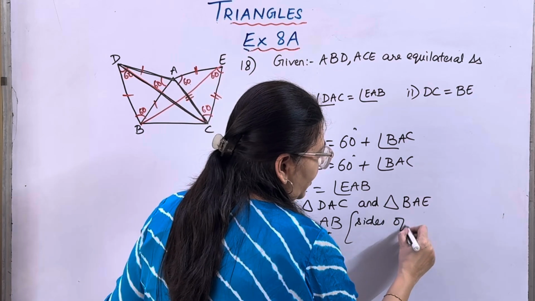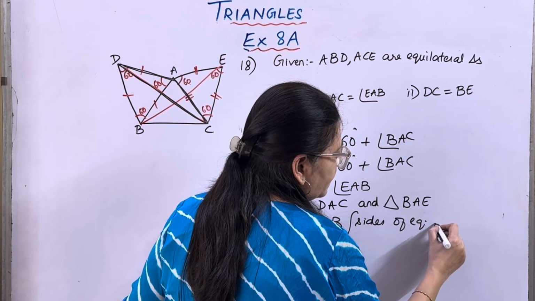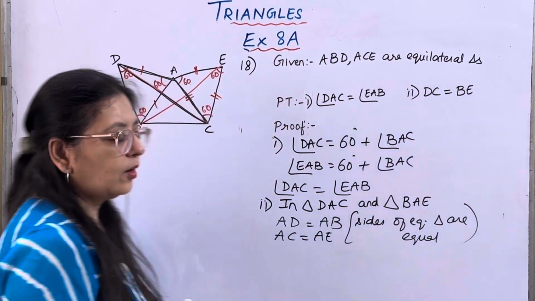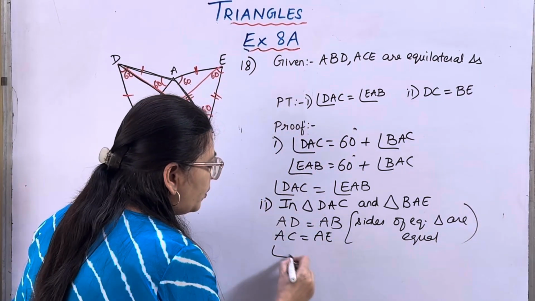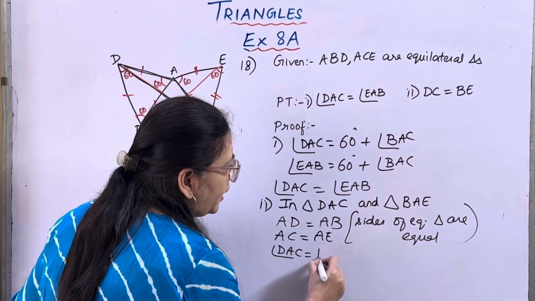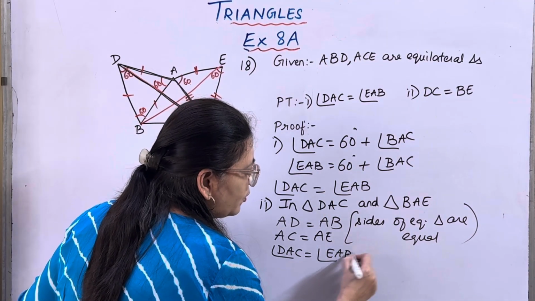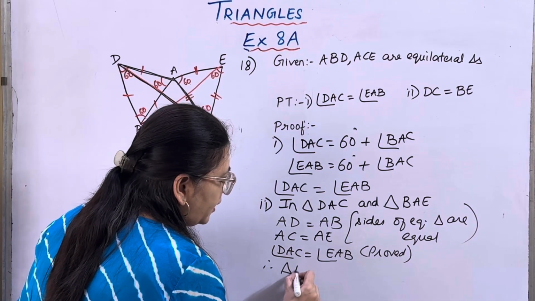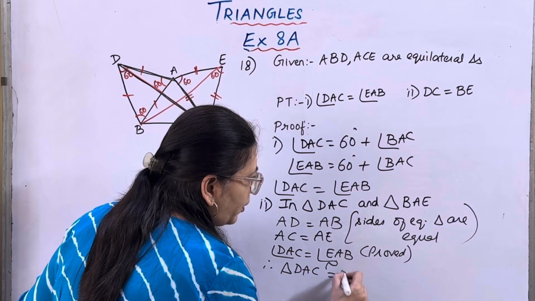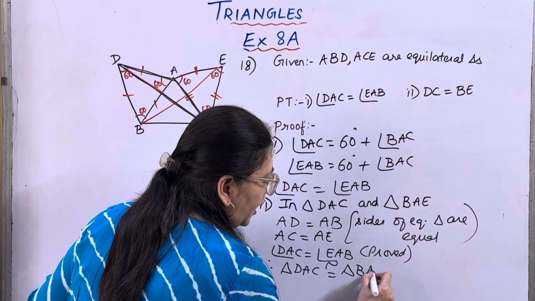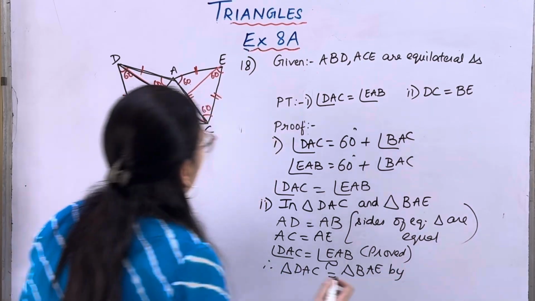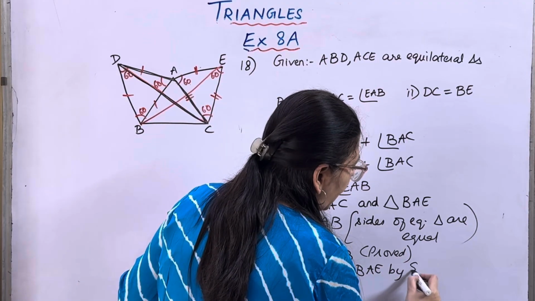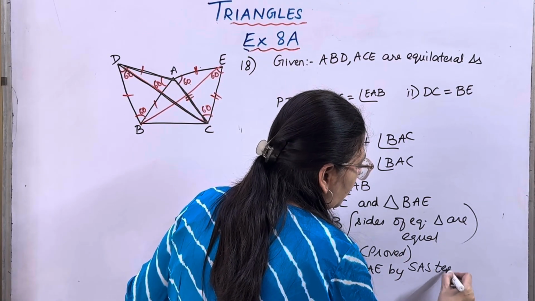Equal sides of an equilateral triangle are equal. Now third, we have already proved angle DAC is equal to angle EAB. This is already proved. Therefore, triangle DAC is congruent to triangle BAE. By which test? Side, angle, side. So it is the SAS test of congruency.